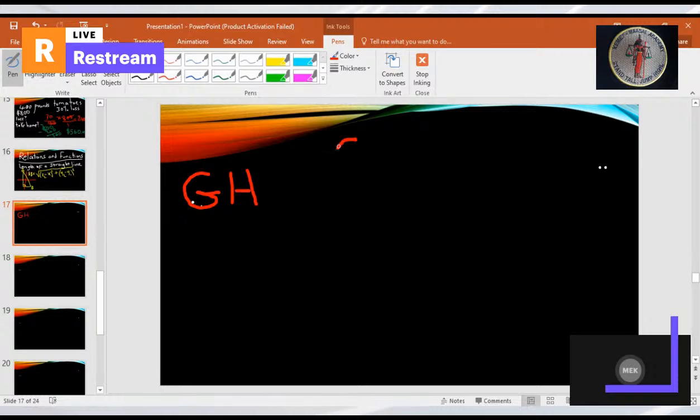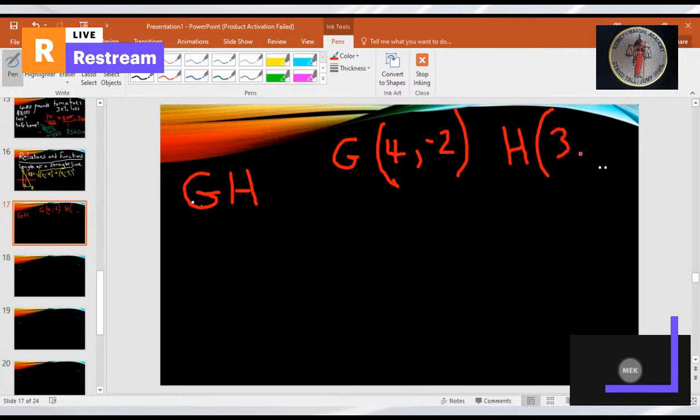And the coordinates for G would be 4, -2, and the coordinates for H would be, let's say, 3, 5. So these are the 2 endpoints of the line. And we want to find the length of the line.